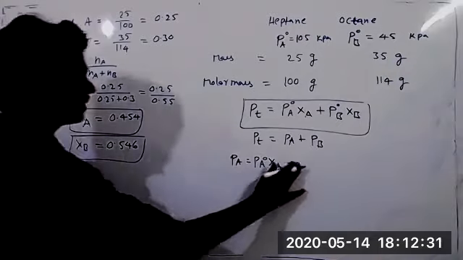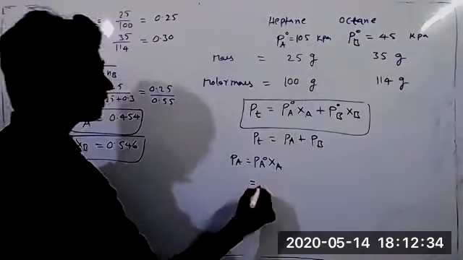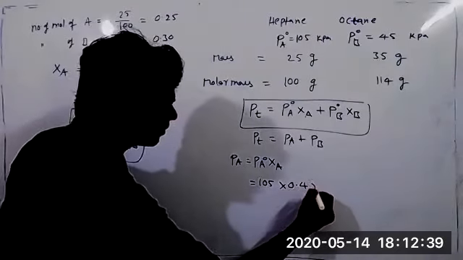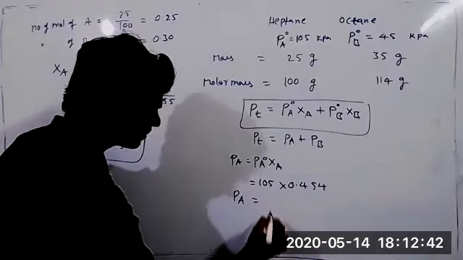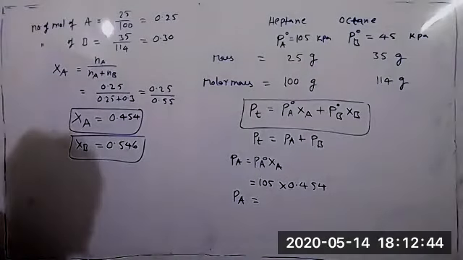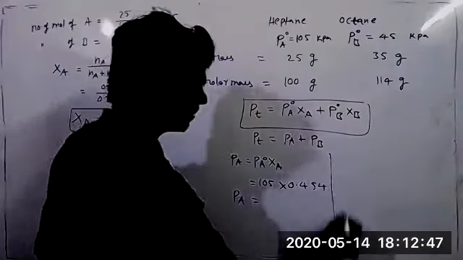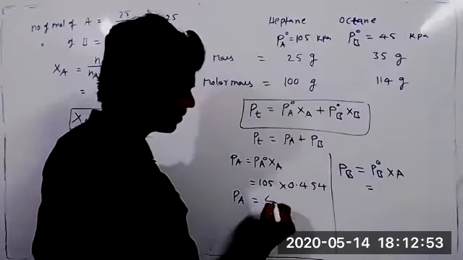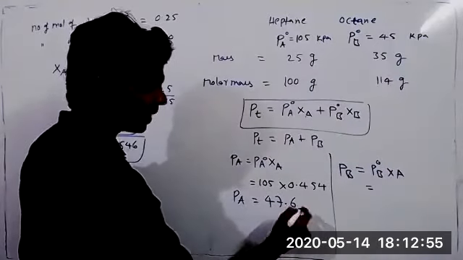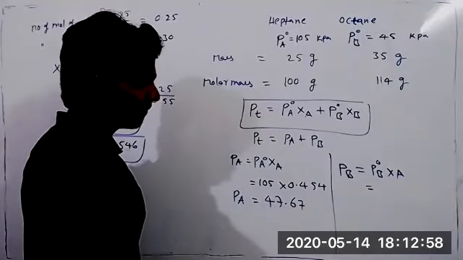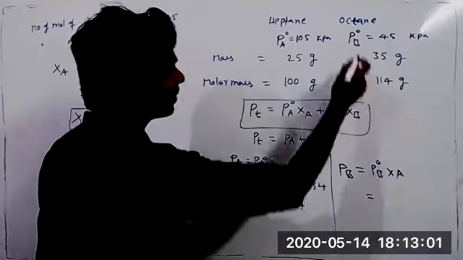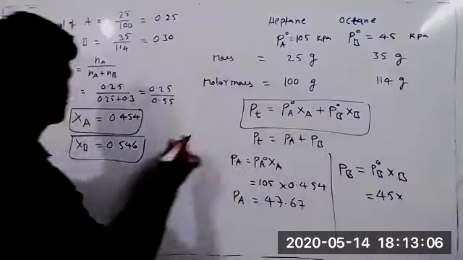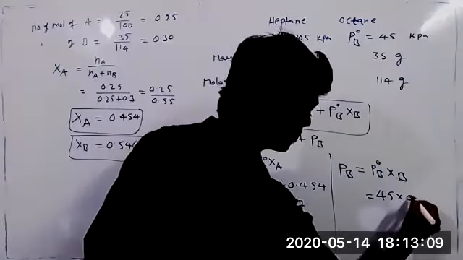Now substitution. PA is equal to PA power 0, 105 into mole fraction of A, 0.454. Multiply this value: 47.67. Next, PB is equal to PB power 0, 45, into mole fraction of B, 0.546.